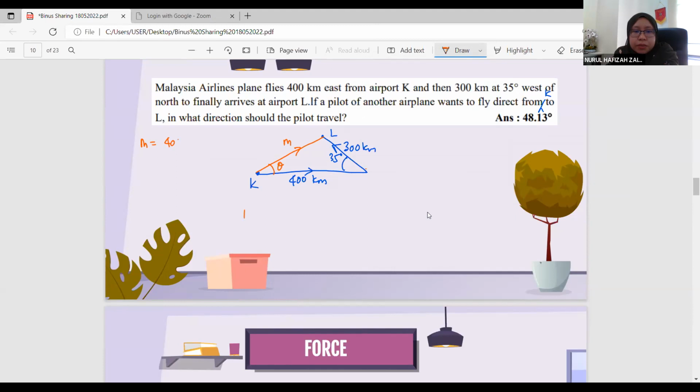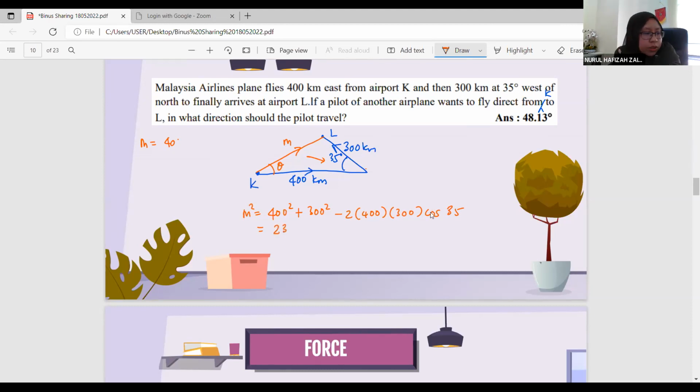I put here 400 square plus 300 square minus 2 times 400 times 300 times cosine 35, the opposite angle, so 35. This one.